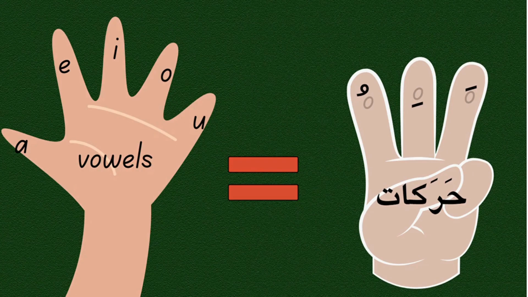In English it is 5 and in Arabic it's 3. So harakat in Arabic are 3: Fatḥa, Kasra and Ḍammah. And there are 5 vowels in English: A, E, I, O, U. That's the only difference. Now let's get into the harakat.